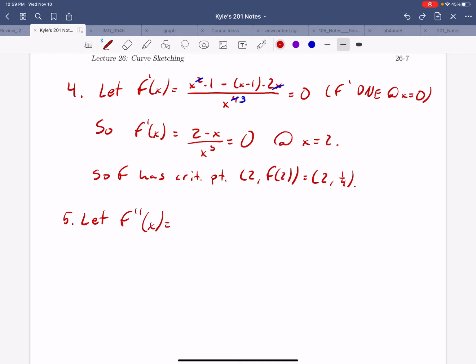We're going to let it equal 0. So low d high minus high d low all over low squared. We're going to let that equal 0. Again, we can simplify a little bit.